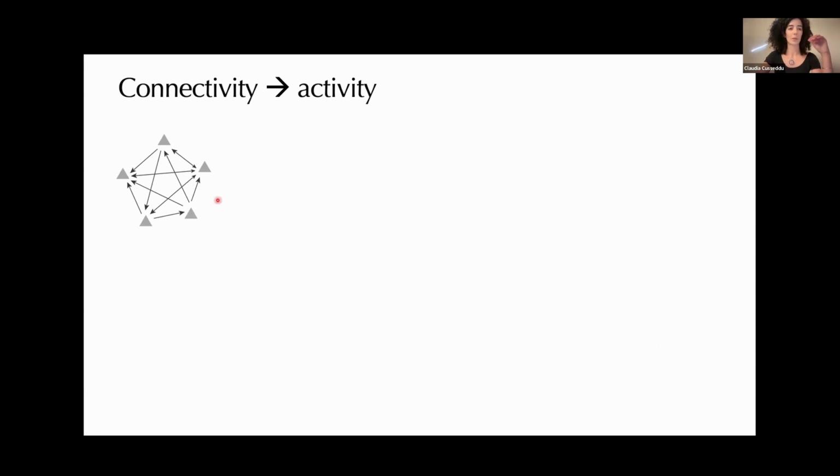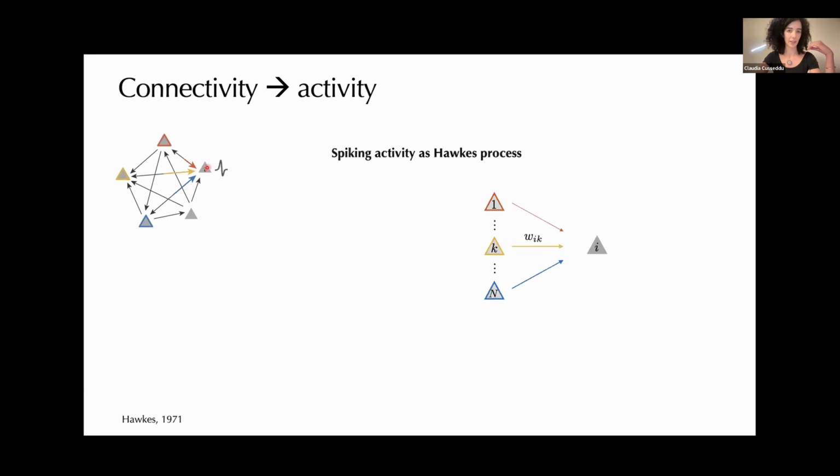In particular, we can focus on the activity of a single neuron, which I will call neuron i. As we can see, the neuron receives many inputs from many other neurons, and we can see a zoom here. We model the activity of neuron i with two components, which are a baseline intensity, which we model as a Poisson process.